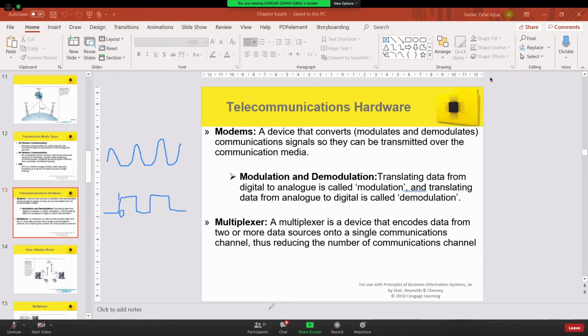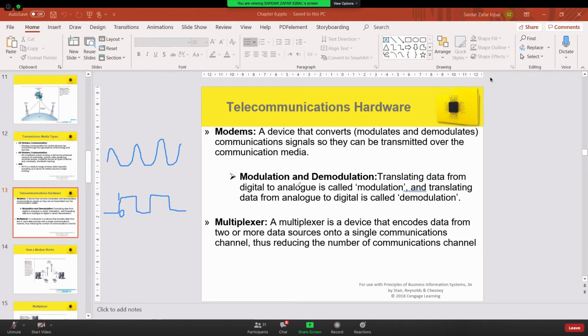So this is how it generally works. In the modulation process, it translates data from digital to analog.